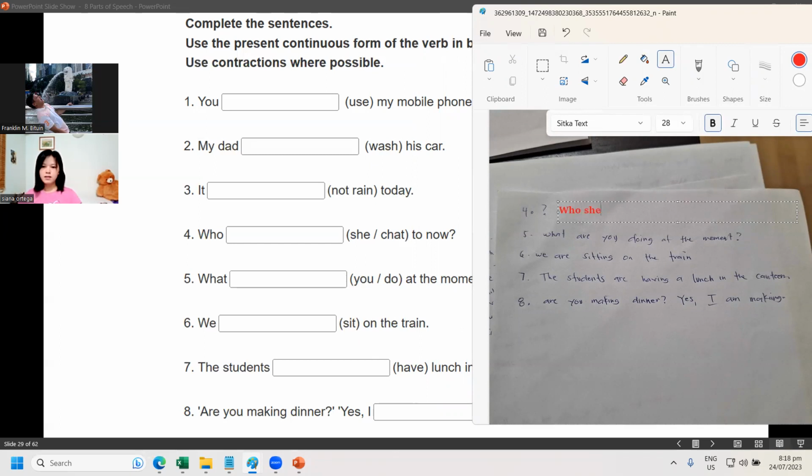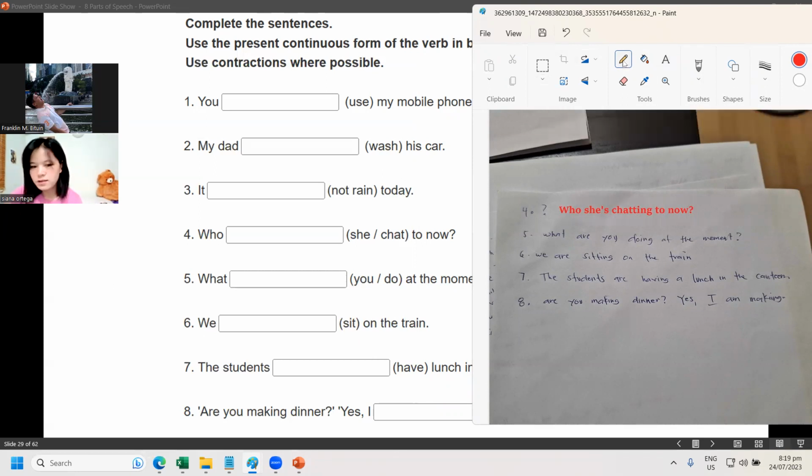Who she is, short form, she is. Who she is chatting to now. Simple pala. And then what are you?